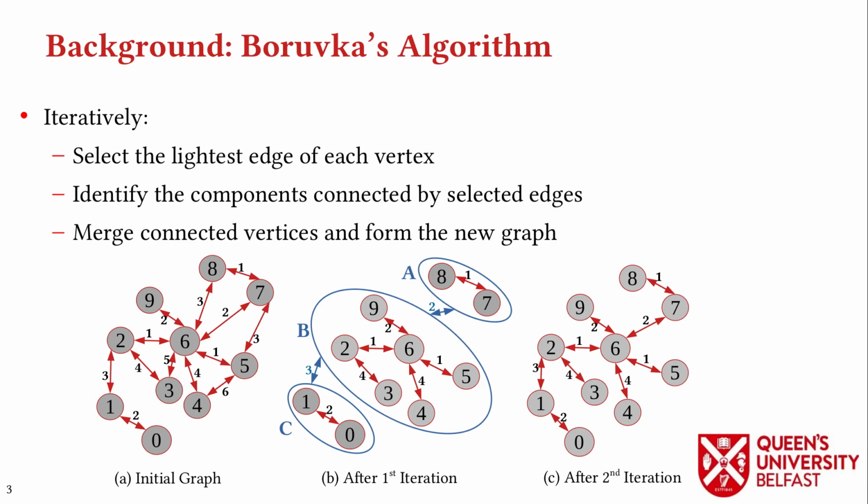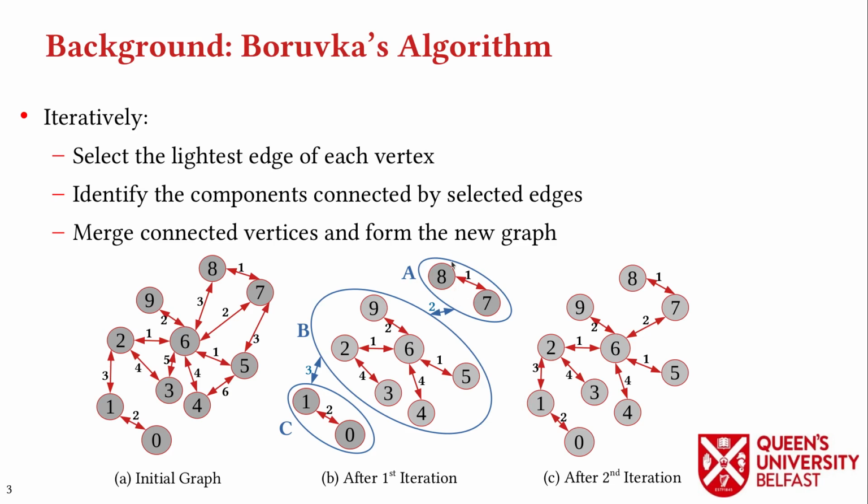As an example, we consider the execution of Boruvka's algorithm for this graph. After the first iteration, we have vertices 7 and 8 that are connected by an edge of weight 1.